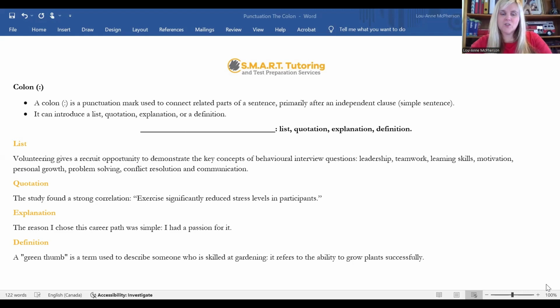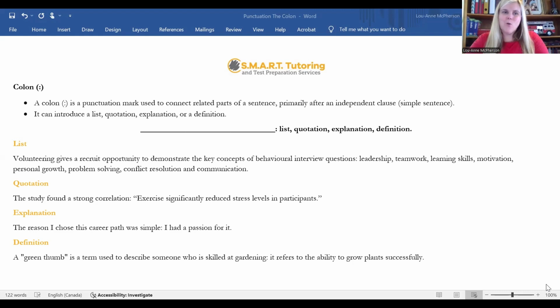In a fire test, you might see something like, why does the author state that the career path was chosen? Or you could see something like, what was the explanation behind choosing this career path? Again, you're going to use that colon as a flag in the writing to indicate the explanation is after this.